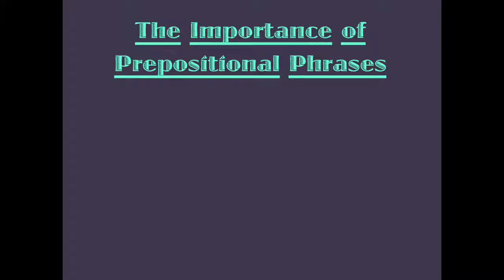Let's take a look at this example. As you read the sentence, pay attention for where the prepositions occur. As I read the sentence, I noticed two prepositions. Did you? That means that there are two prepositional phrases. The first preposition is post.